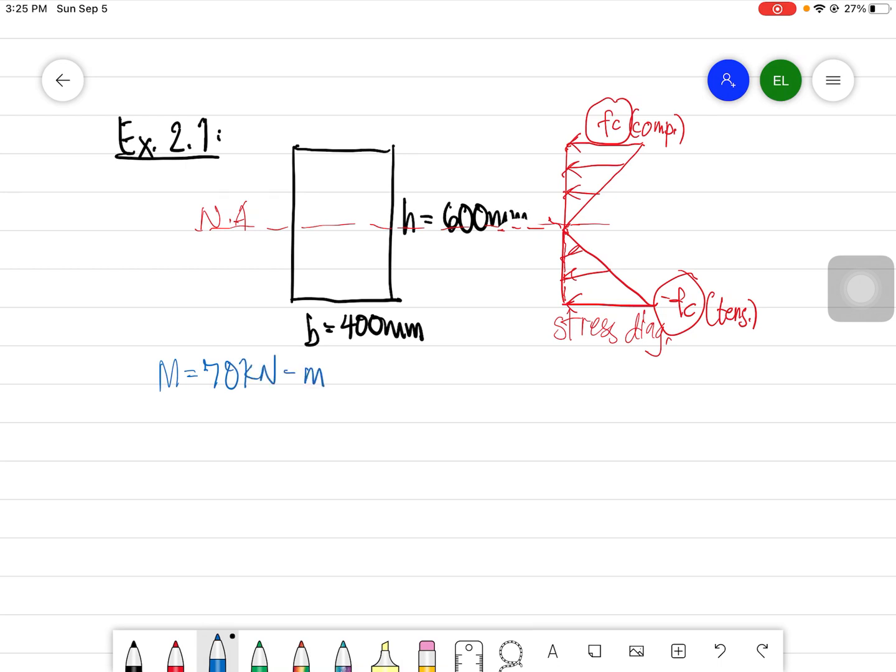Then we have that formula, FC is equal to My over Ig. Just simply recall the formula that you have learned earlier. So for the moment, this is equal to 70 times 10 raised to 6.